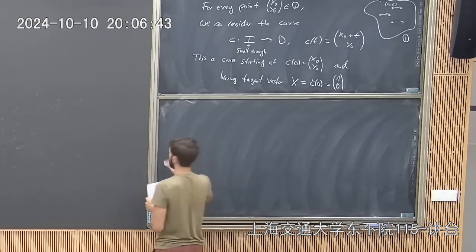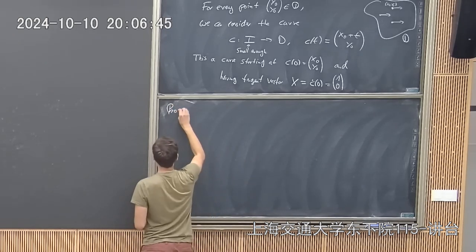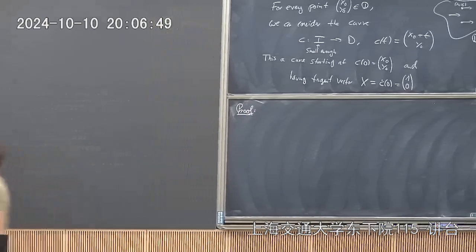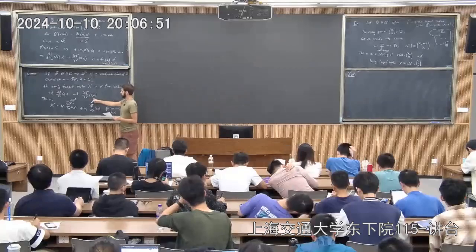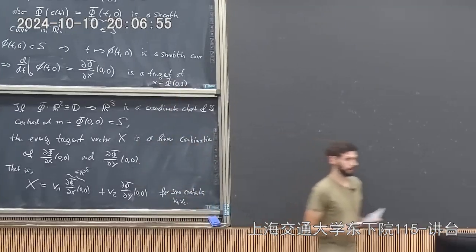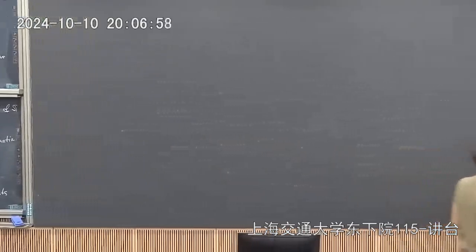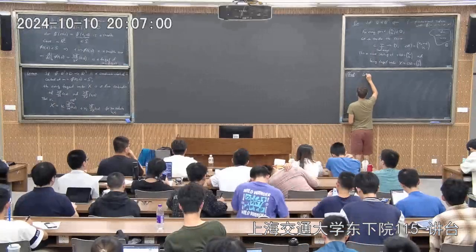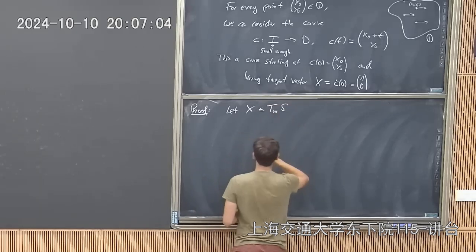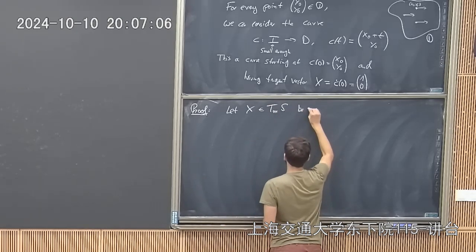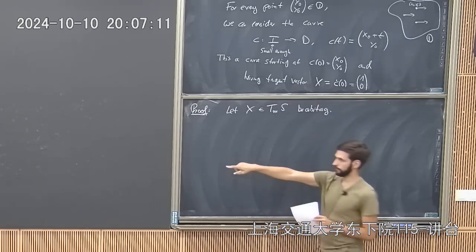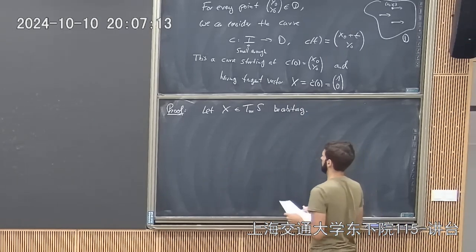Okay, so let's have a look at the proof. First of all, we already saw that these elements are really elements of the tangent space. That was this argument here. So there's nothing to check. But what we have to check is that once we have an arbitrary vector, we can find these v1 and v2 so that we can express it.